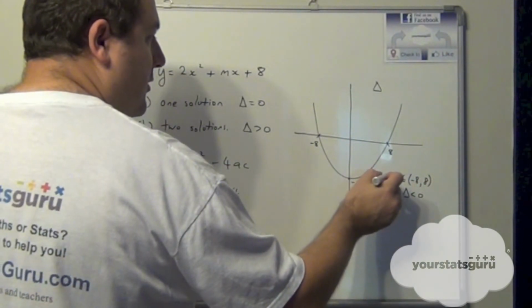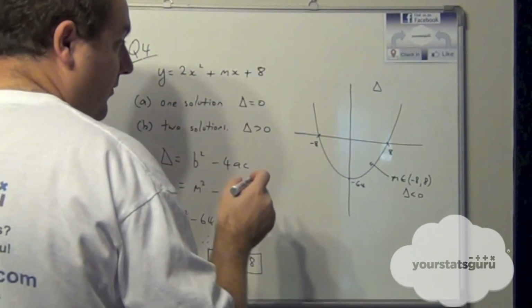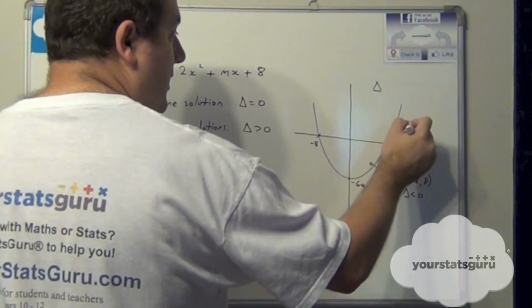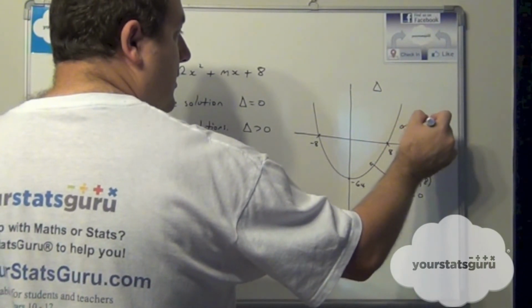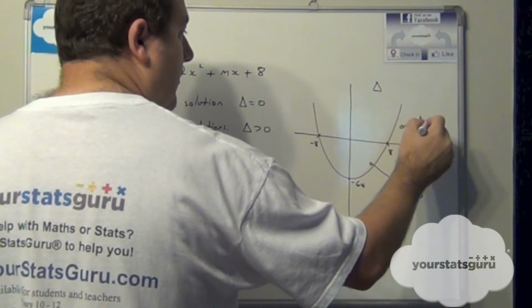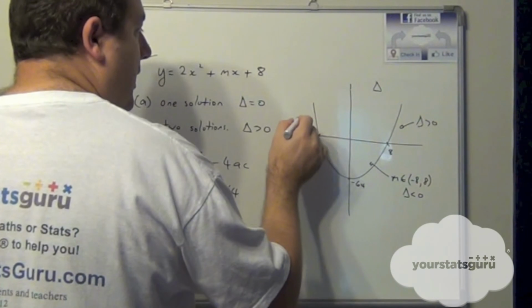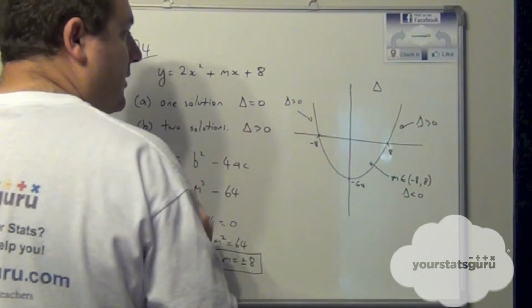And that refers to, obviously, this area of the graph. Out here, clearly, the discriminant is positive. And out here, clearly the discriminant is positive.